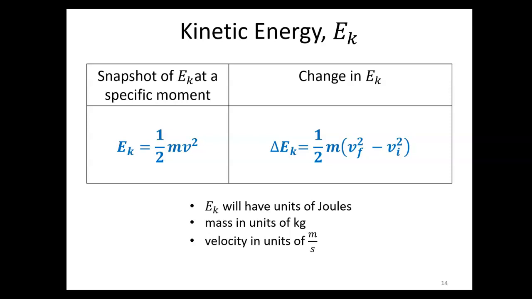If you want to know how much the kinetic energy has changed because the velocity changed, the change in kinetic energy equals half the mass times the final velocity squared minus the initial velocity squared. Mass has to be in kilograms, velocity has to be in meters per second.